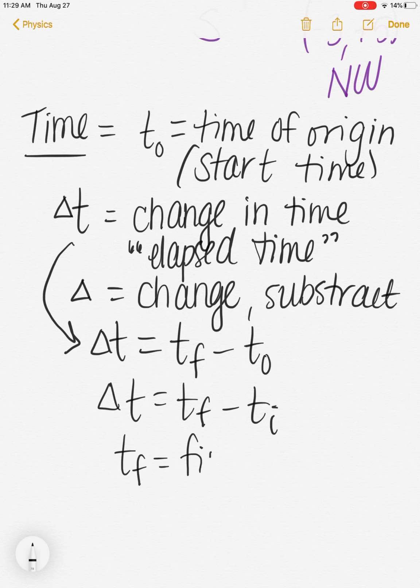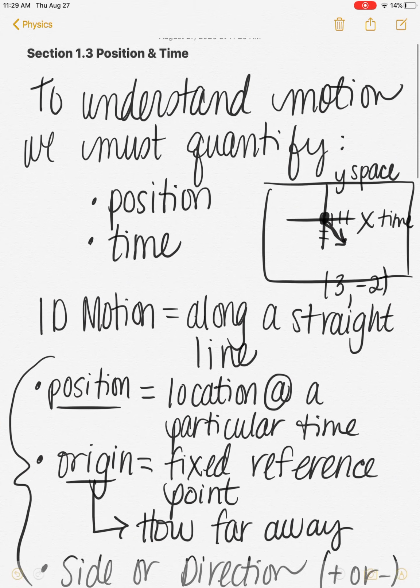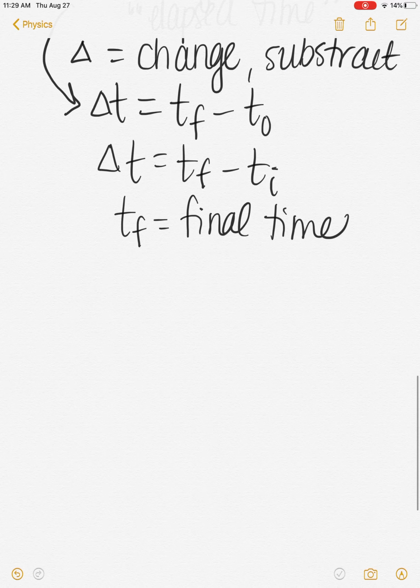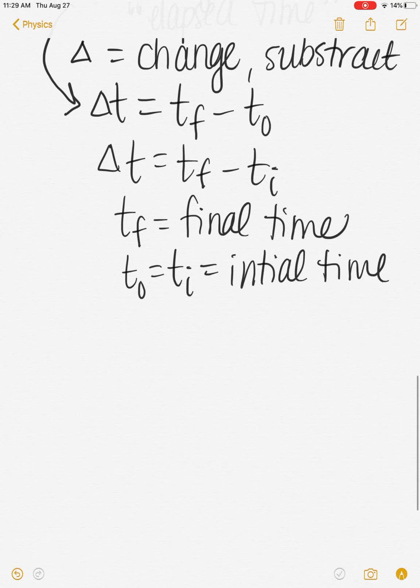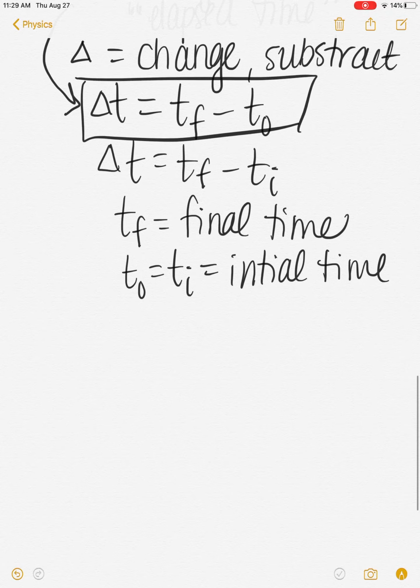Regardless, TF means your final time, so when the clock stops, and TI or TO is your initial or time of origin. So delta T, if you take TF minus TO or TI, is going to tell you how much time has passed, which is really important. Please remember, anytime you do a delta change in something, it is always final minus initial, never initial minus final.